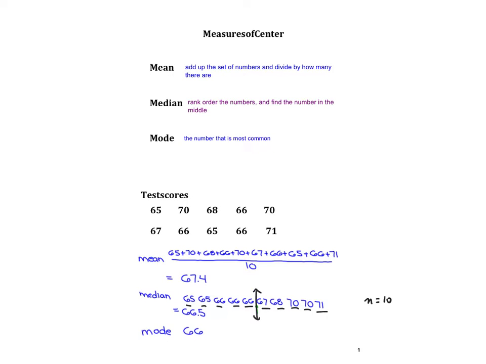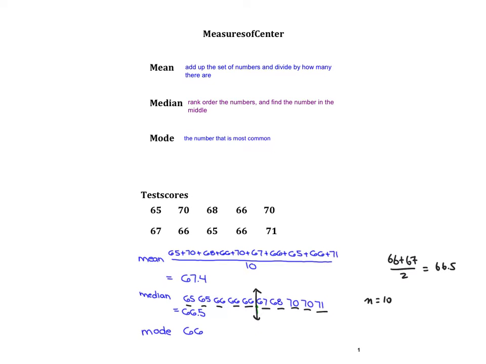You can see that there is no value right in the middle. So what we do is average those two numbers that are left. This will always happen if you have a set with an even number of elements, so an even number of tests in this case. So our median would be 66.5.